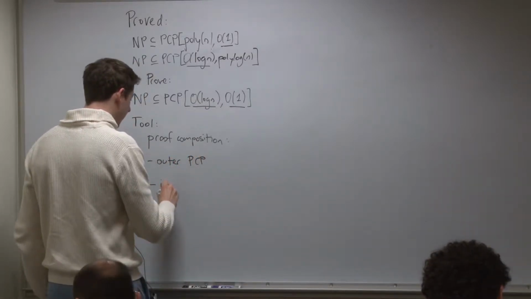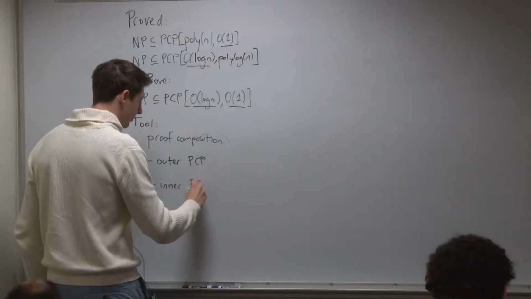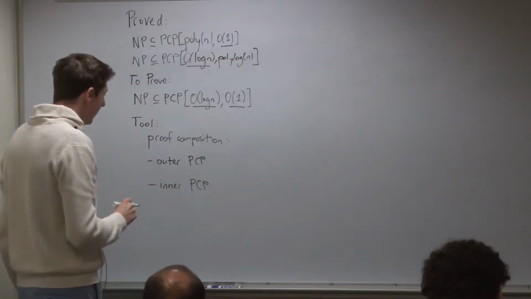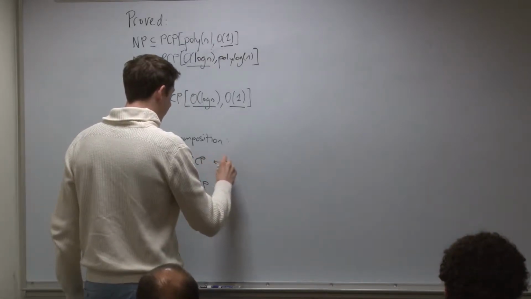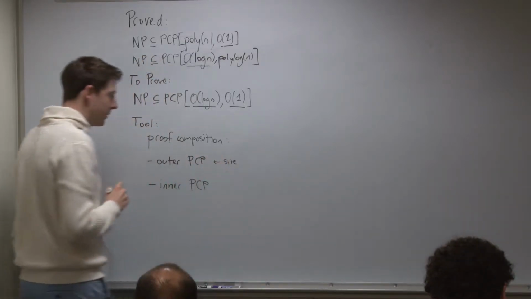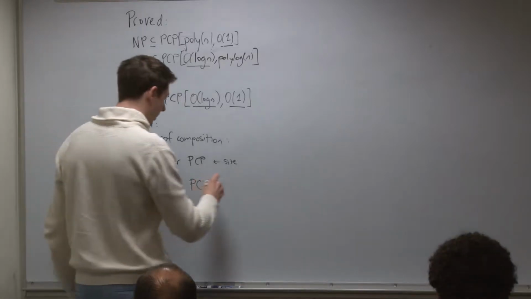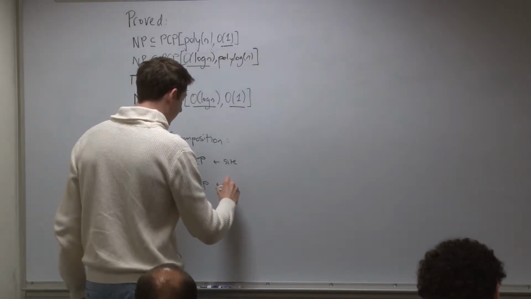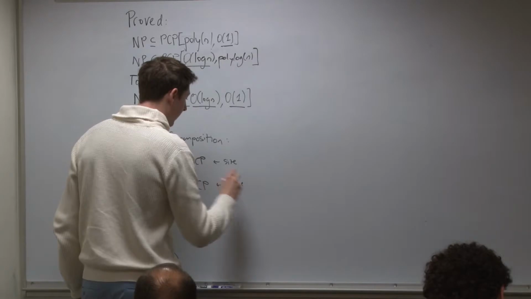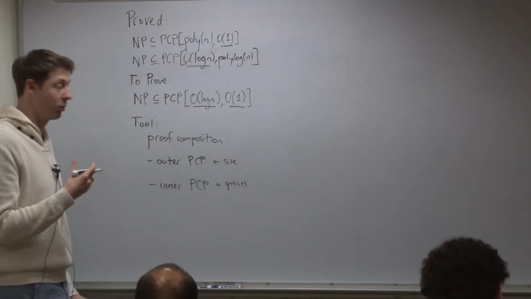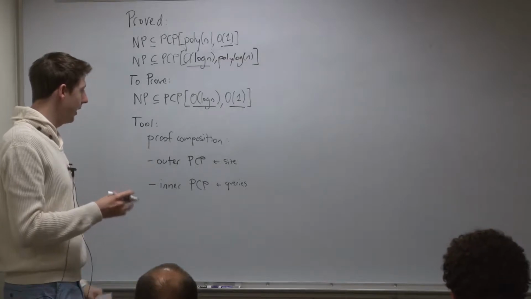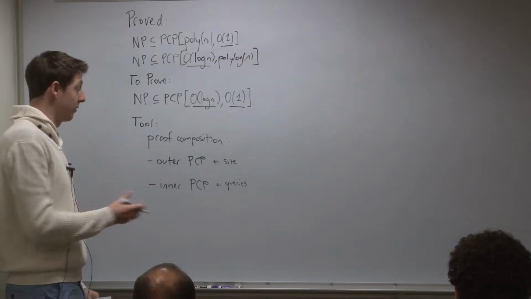The other one is going to be the inner PCP. And again, at a very high level, we will inherit the size of the outer PCP and the query complexity of the inner PCP. We want to combine them together to obtain a composed PCP that sort of inherits these things.